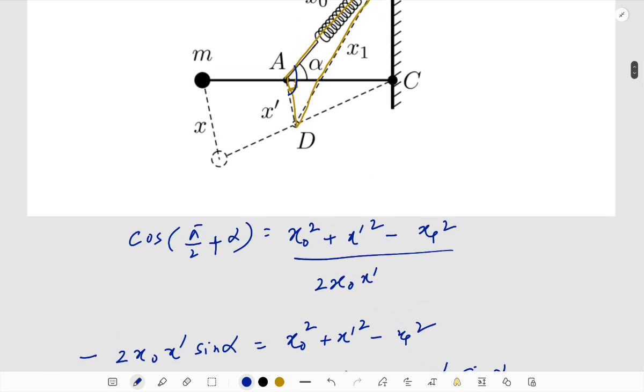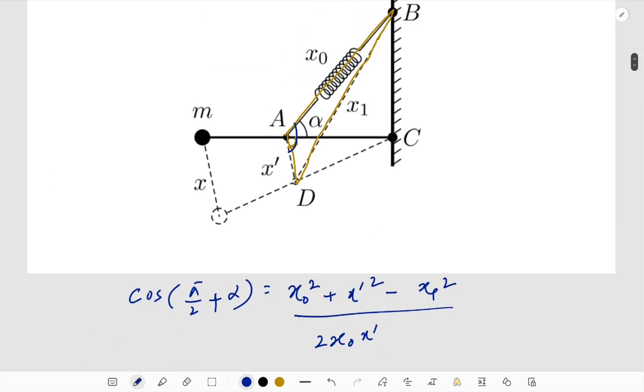x1 is this length, and x0 is this length. And I can write one thing, that x1 minus x0 is equal to delta x, the change in length of the spring.